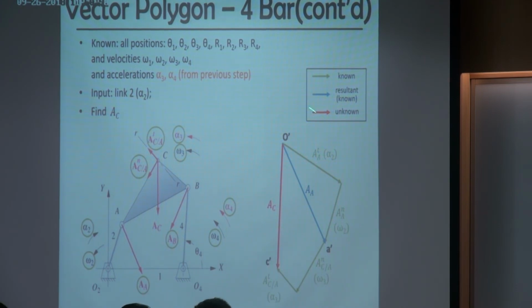So we should just get this AC. For this point C, we use the information: we obtain the acceleration of point B first in the previous slides, then we carry this information into this diagram to find point C. Once we find point C, we can connect the origin to point C and get the acceleration of point C. Any question about this one?